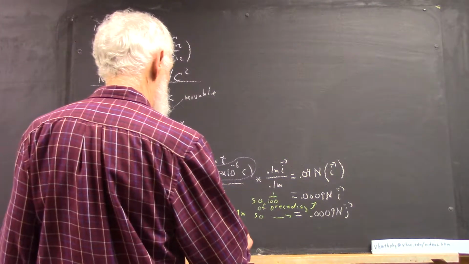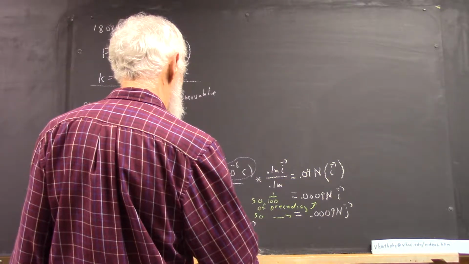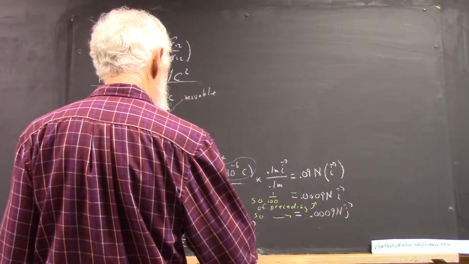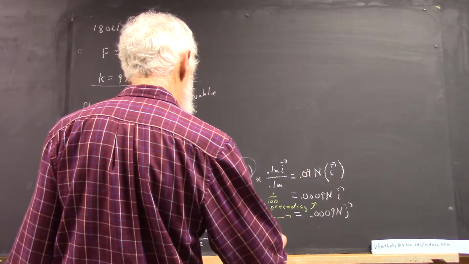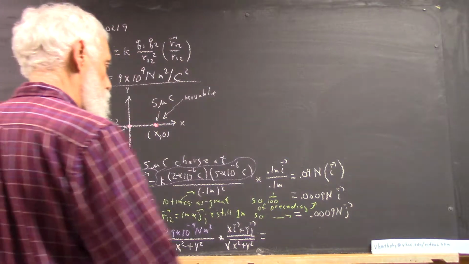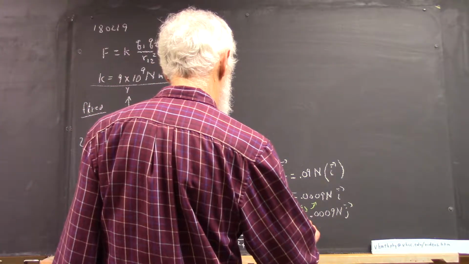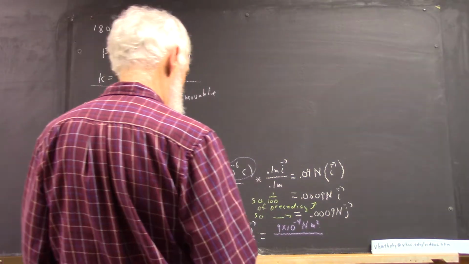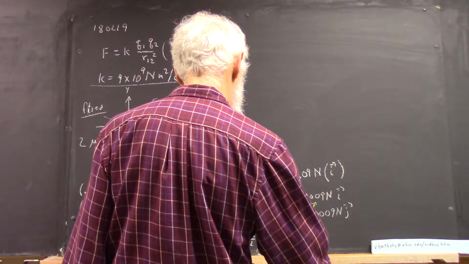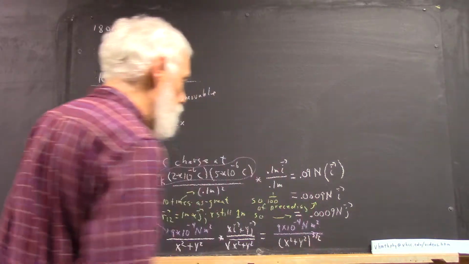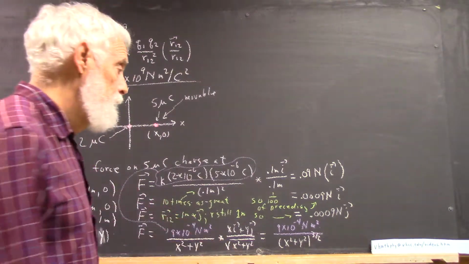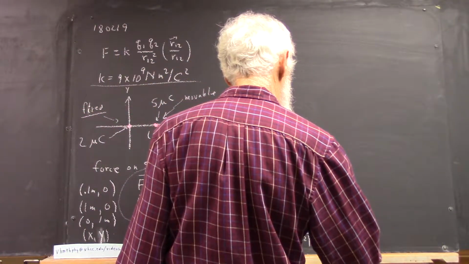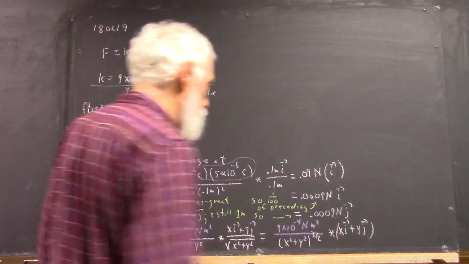That vector is xi plus yj, and then that's divided by the magnitude of this vector, which is the square root of x squared plus y squared, and that is your, in this case, 9 times 10 to the negative 4th Newton meter squared over x squared plus y squared to the 3/2 multiplied by xi plus yj.